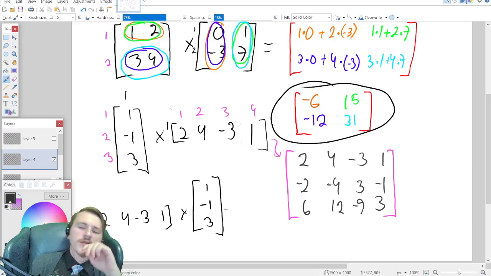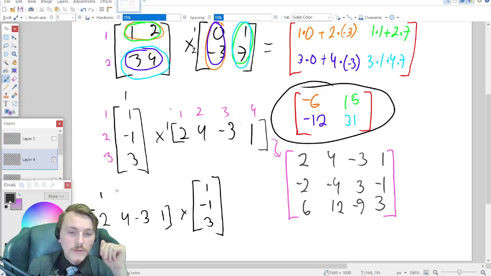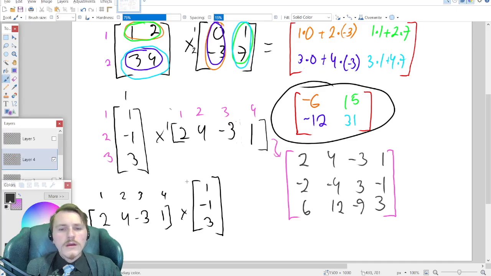Well, what's the first thing we've got to do? Does the number of columns here, 1, 2, 3, 4, equal the number of rows here, 1, 2, 3? No, it doesn't. So can we do multiplication? No, we can't. So this one we can't even multiply, period.